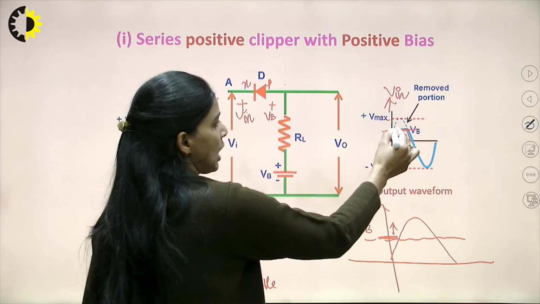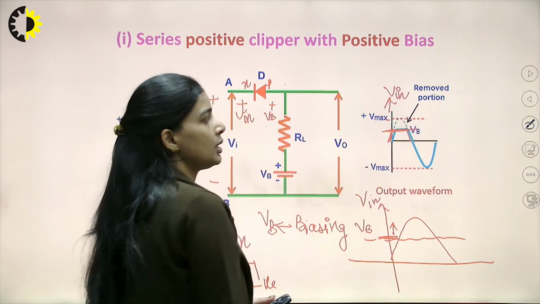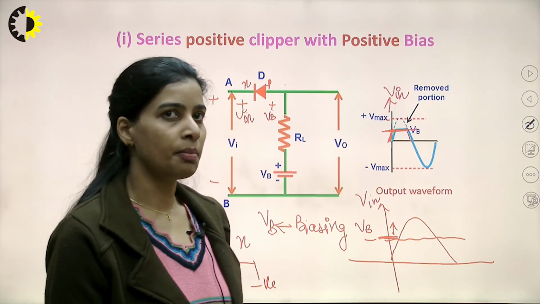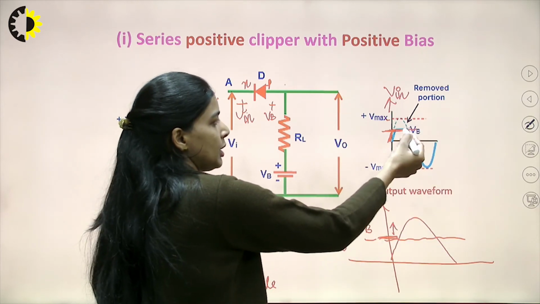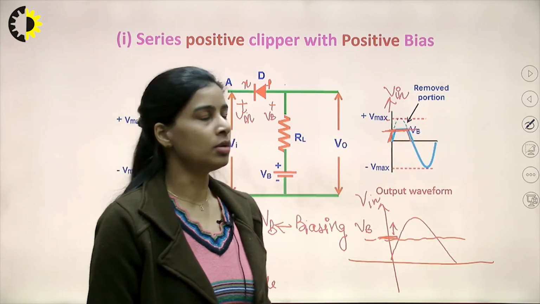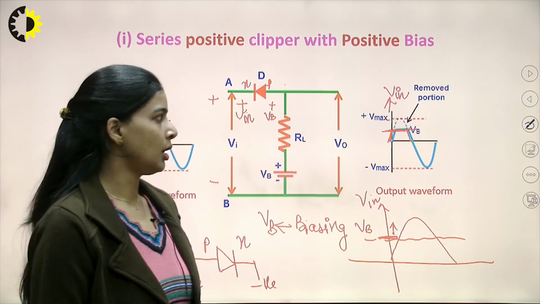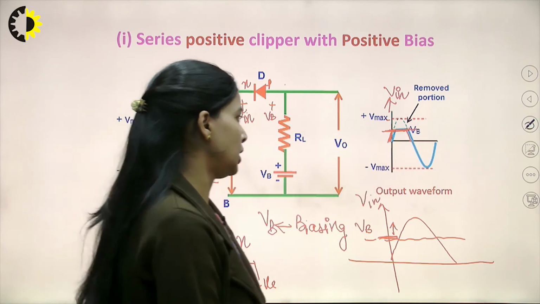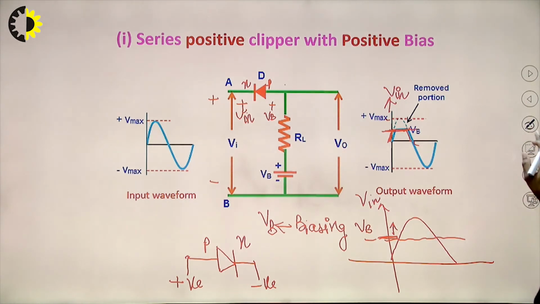So, we get output up to this point, and we do not get output as long as the input voltage is higher than the biasing voltage. When the input voltage goes below the VB value, the diode is forward biased again and we get output in that duration.